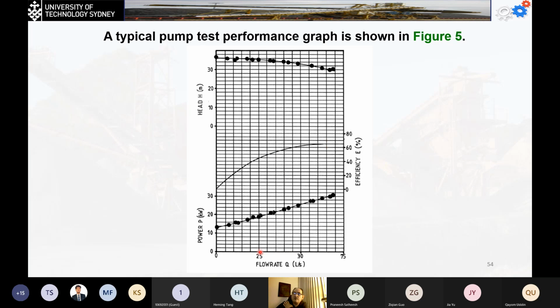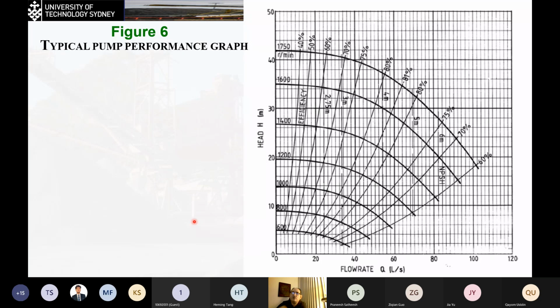For example, in the case of 25 liters per second, we can see that the head we can send the materials to is 32 meters, the efficiency is about 50%, and the power required to do this operation is 20 kilowatts. That's just an example, but of course we have more advanced shapes for the pump performance graph, like this one.